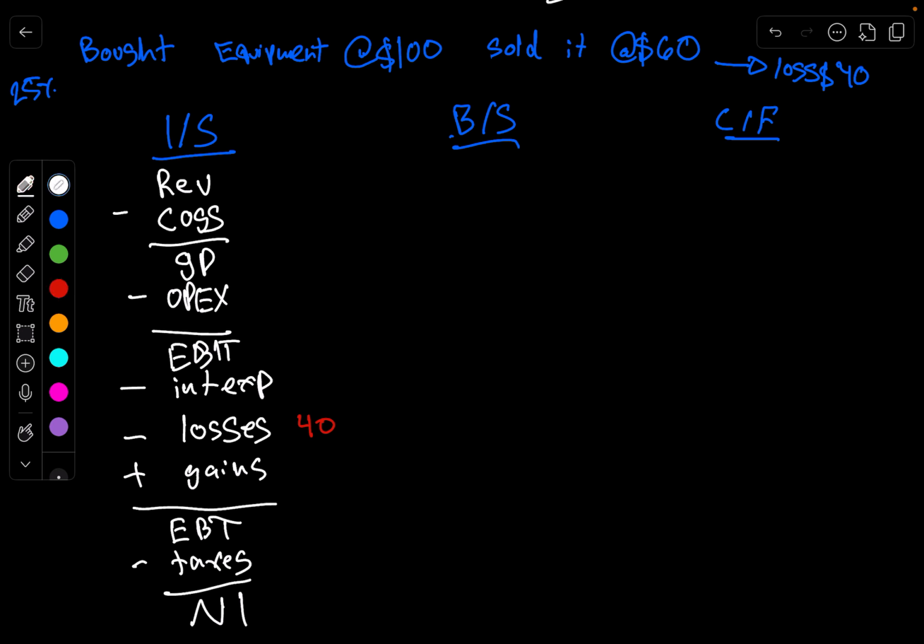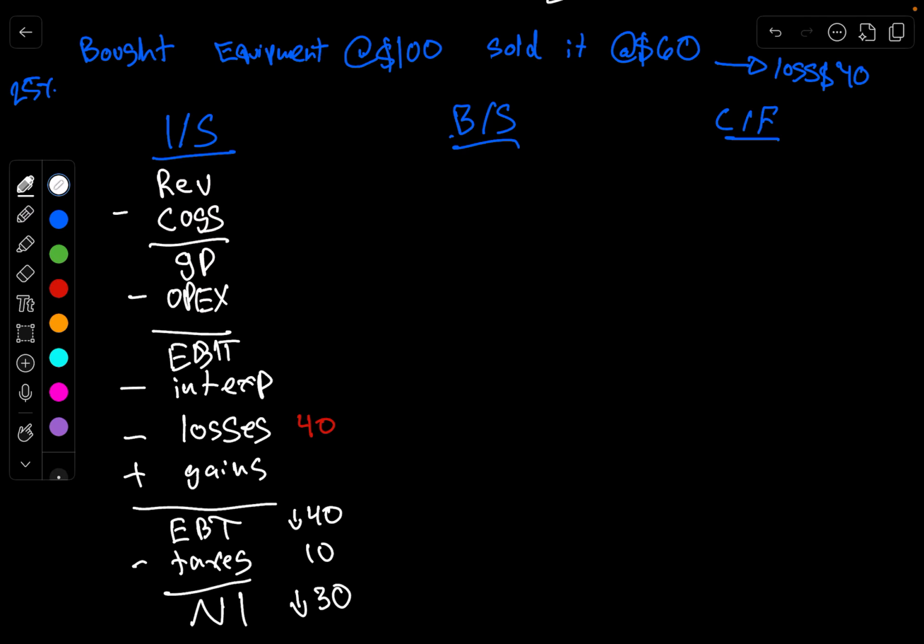That's going to adjust down our earnings before taxes by $40, and then our taxes are going to be $10 less. We have $10 of tax savings, meaning that our net income is only down by 30. So hopefully that makes sense on the income statement.